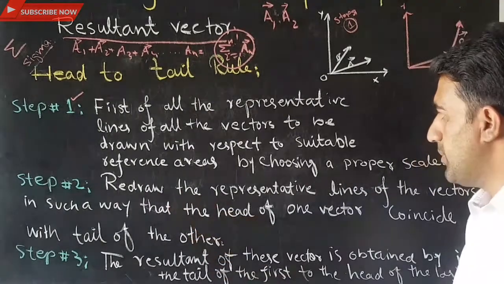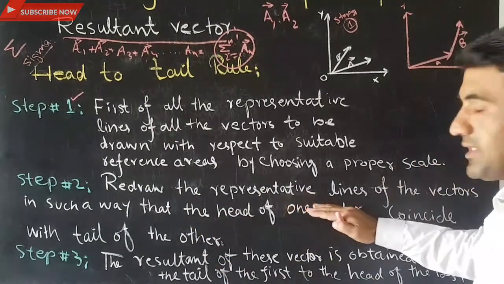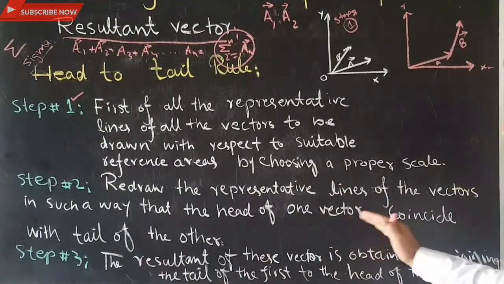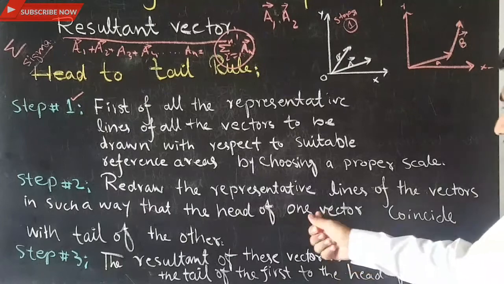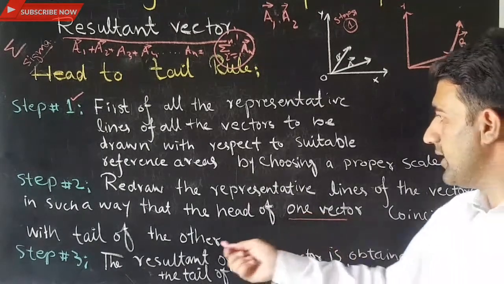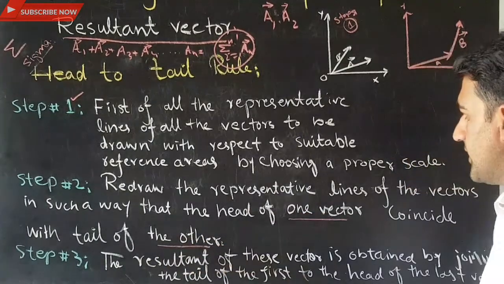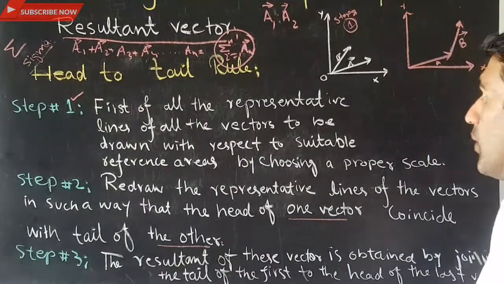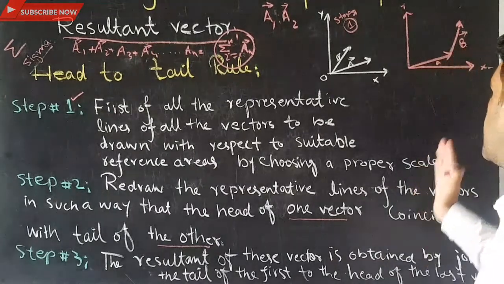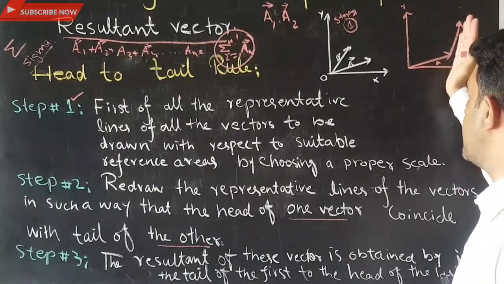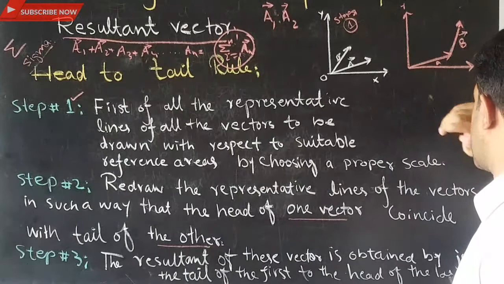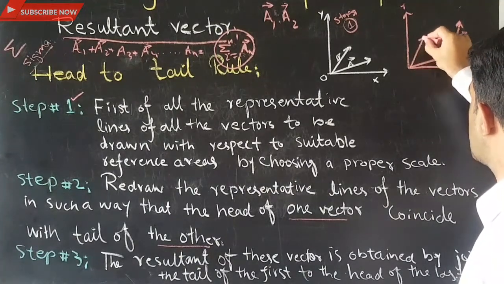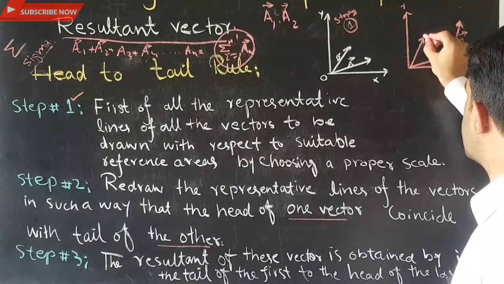So according to step number 2, redraw the representative lines of the vectors in such a way that the head of one vector coincides with the tail of the other. Here I mentioned the head of one vector with the tail of the other, but actually it depends on the location of vectors. Whether you want to redraw in this direction or you want to add a vector from this side, you must have B in the same position while you redraw A in this position.